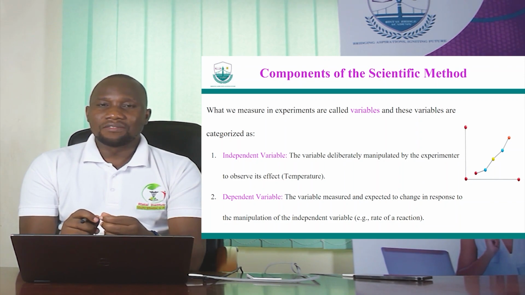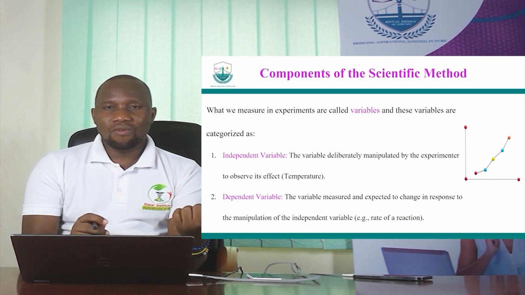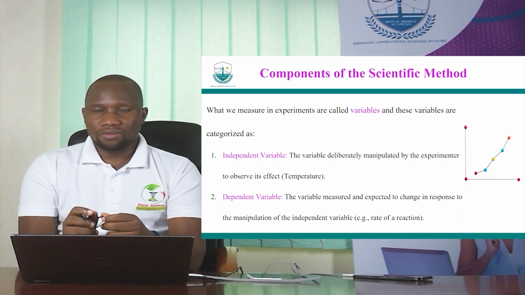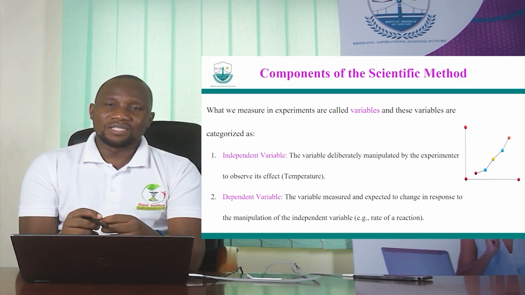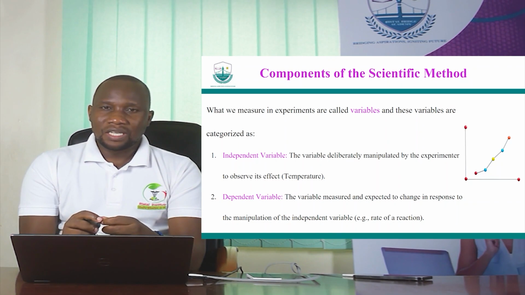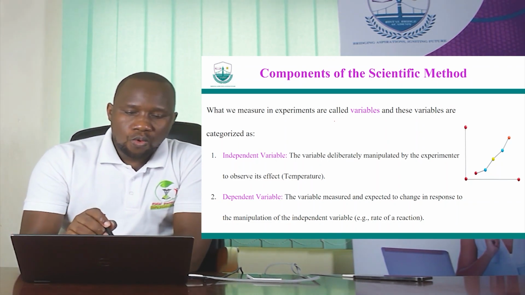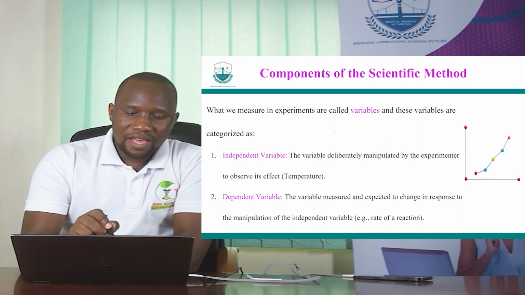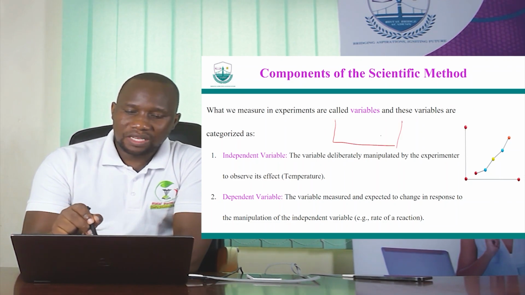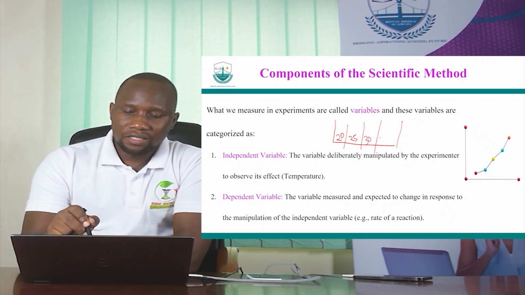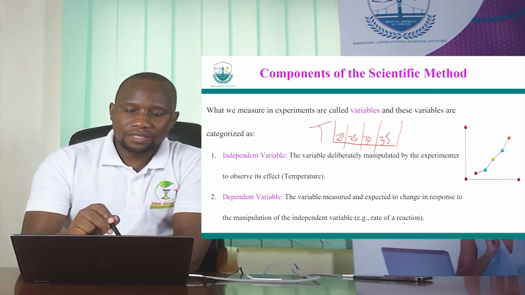So for our example of the rate of reaction being influenced by temperature, you are going to say, when I increase the temperature, because you're going to be changing the temperature, that's what you have control over. So increase the temperature, let us say to 20, to 25, to 30, to 35. This is the temperature, right?